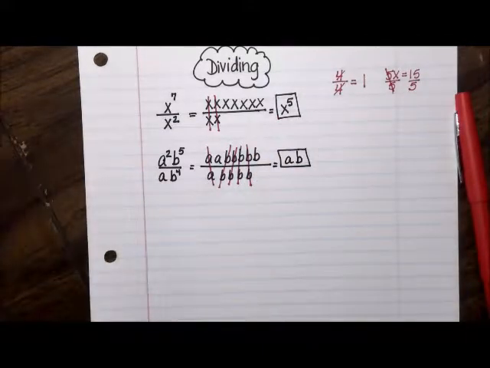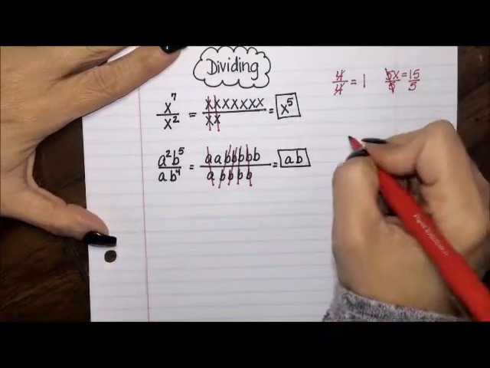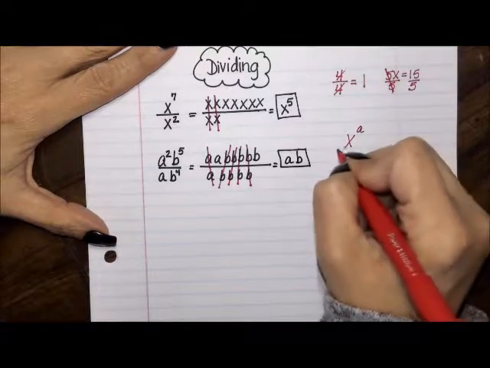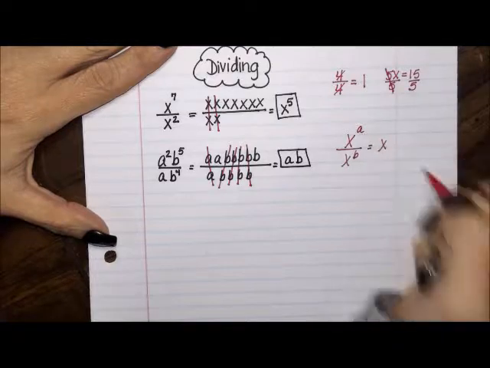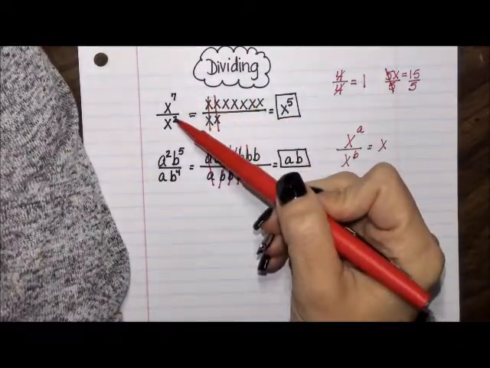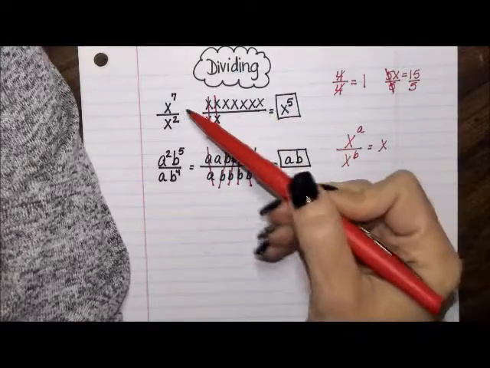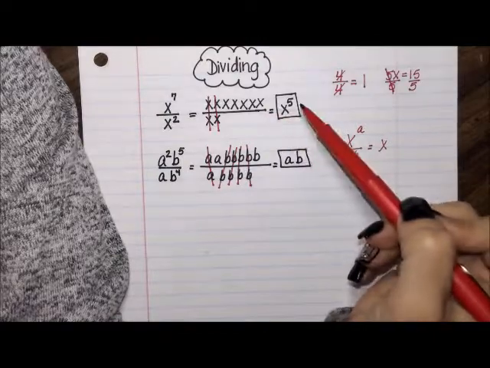Okay. So division, do you see what we're actually doing? Have you caught it yet? Well, here we go. If I have x to the a over x to the b, what do I actually do with those exponents? 7 and 2 give me 5. What did they do? 7 minus 2 gives me 5.